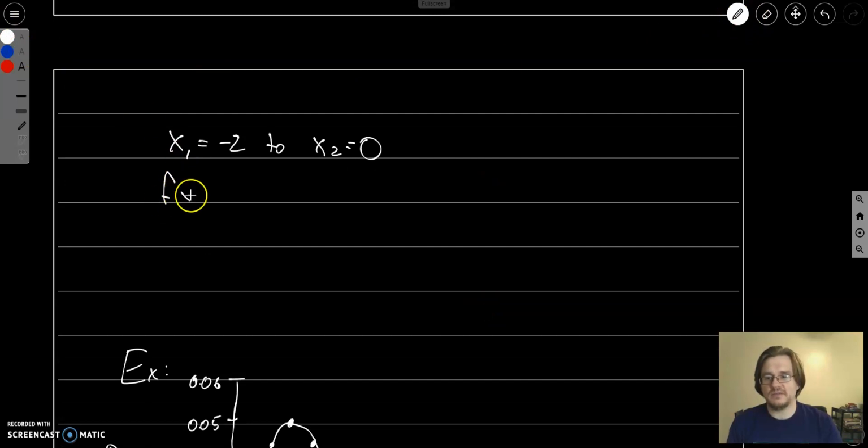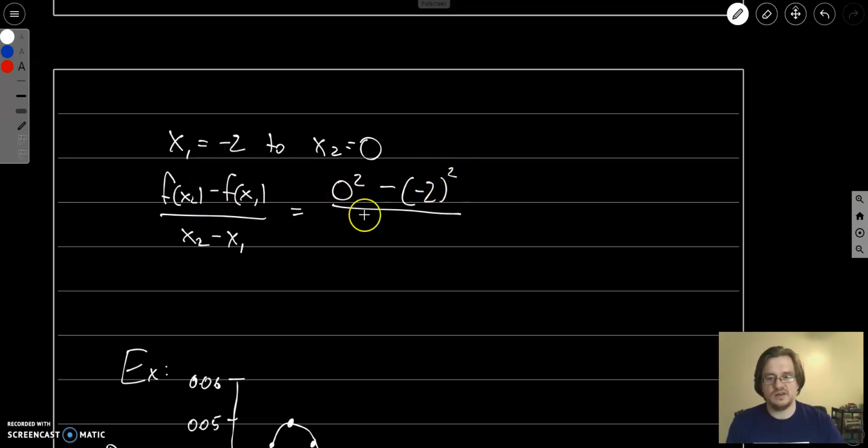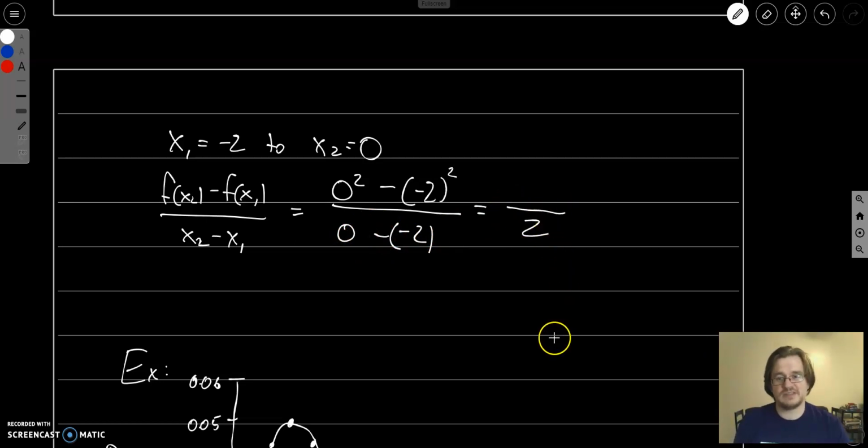We'll take f(x2) minus f(x1) all over x2 minus x1. x2 is going to be 0, so we'll have 0 squared minus x1 squared, which is -2 squared, all over x2 minus x1. Now, we have a few negative signs, so we'll have to be careful. Going from -2 to 0, it's 2 steps to get over.